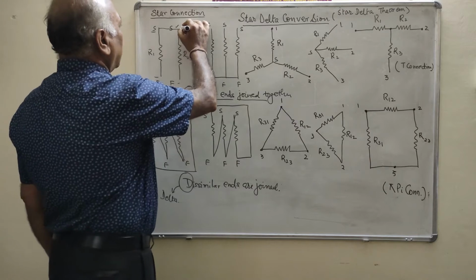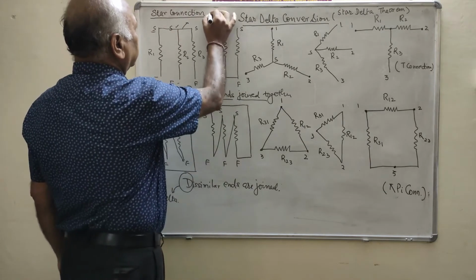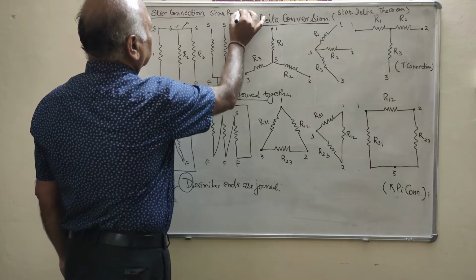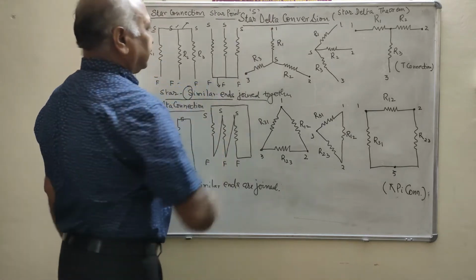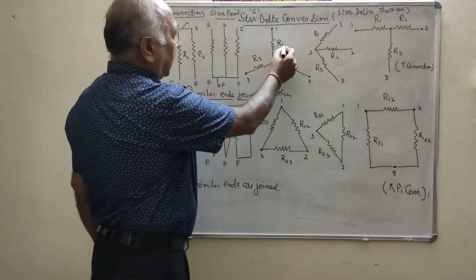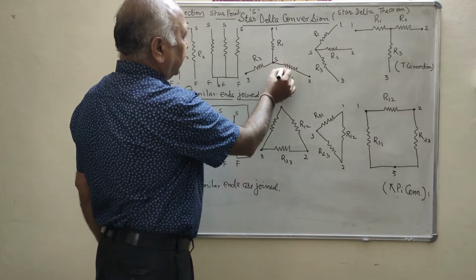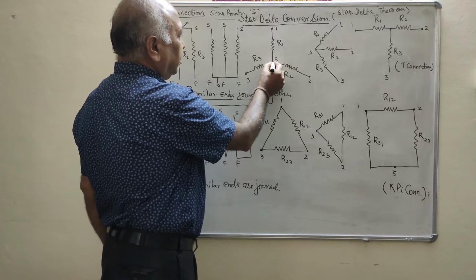This is the common point, and this common point is known as the star point, given by capital S. You will see the star connection R1, R2 and R3, and this is the star point where all three resistances meet.